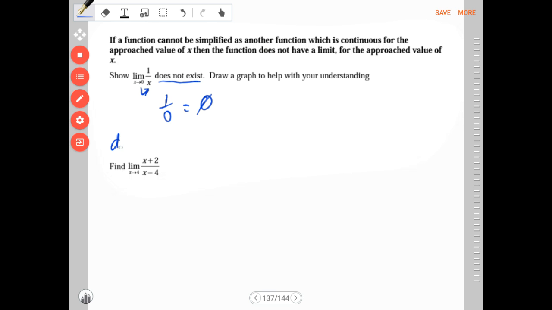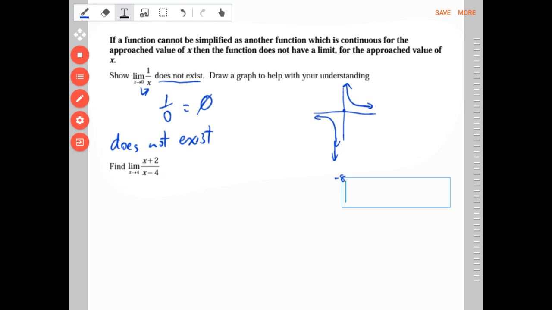Okay, so 1 over 0, really that just means that the limit does not exist. Now, how we can tell: remember the graph of this looks like this. As I approach 0, so x equals 0, what happens? This side, as it gets closer and closer to 0, the y-coordinate becomes negative infinity.